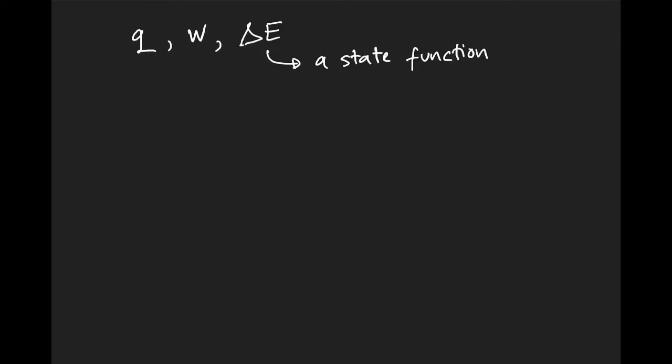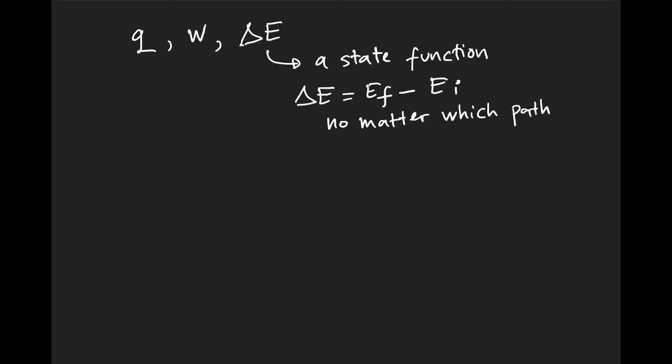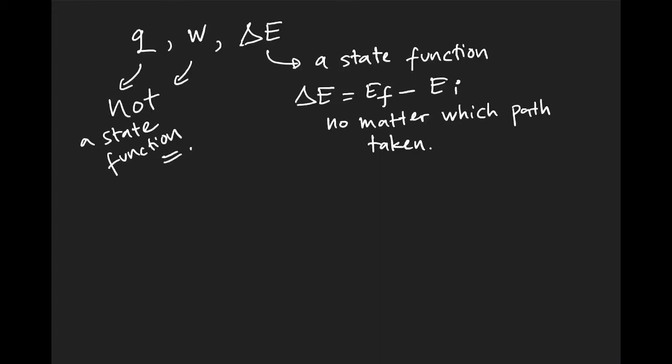A state function is a parameter that only depends on the final value and also the initial value, no matter which path was taken to establish those values. On the other hand, Q and W are not state functions because they depend on the path that is taken in a process.